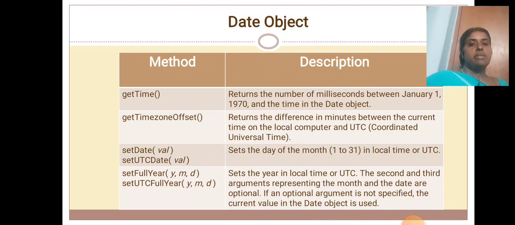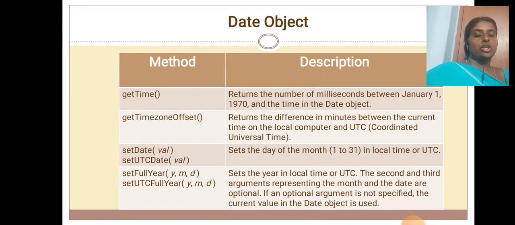The first method for setting values in a system is setDate, setUTCDate. These are the two methods used to set the day of the month in your system. Whatever we give inside the brackets is an argument. So you have to pass the argument to this method, so that it can be used as an input to your system and set.